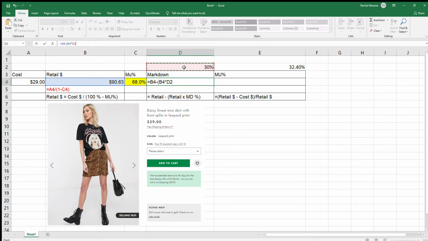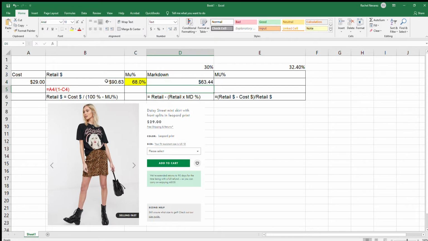Because we're taking 30% of $90.63, and then I'm subtracting it from the $90.63. So this is my promotion price. I guess I should put promotion price here, okay?